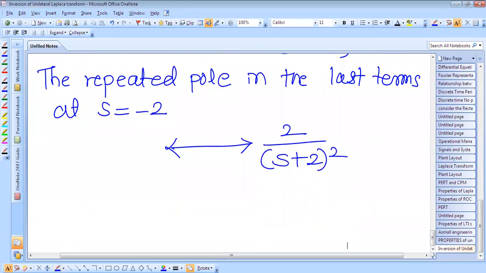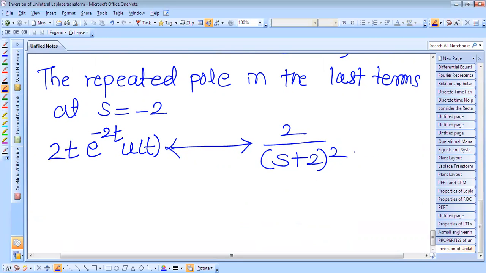Okay, again we have to write e raised to power minus 2t into u of t. As 2 is there, that's why we have to write 2, and as square is there, it is t.